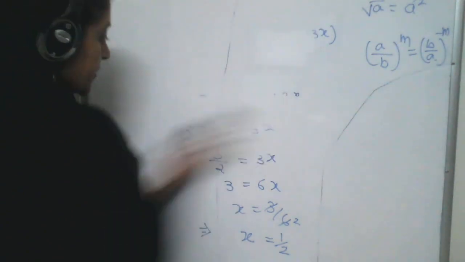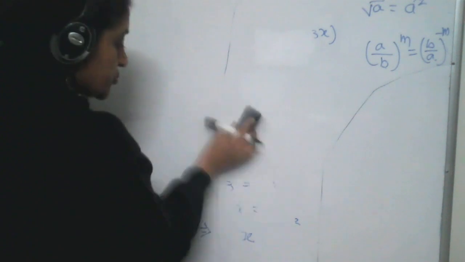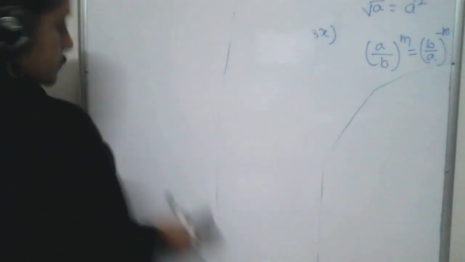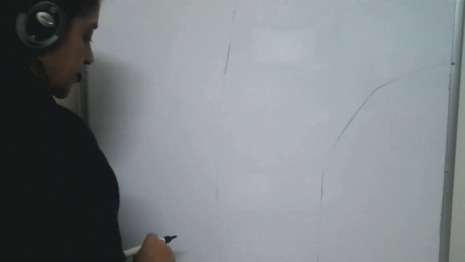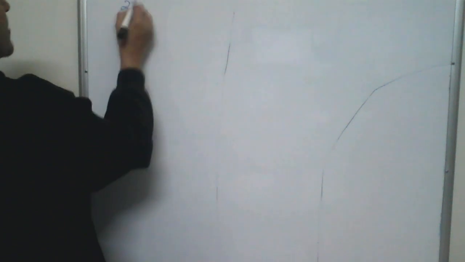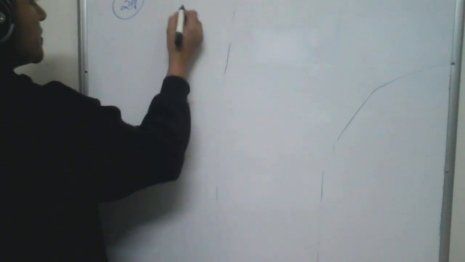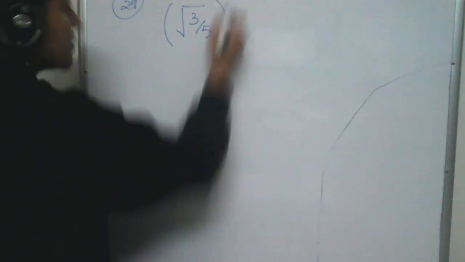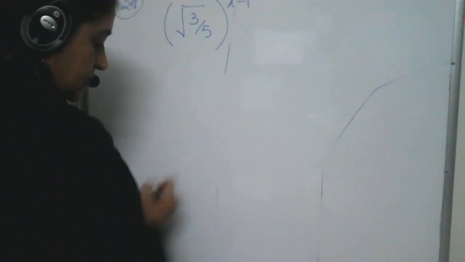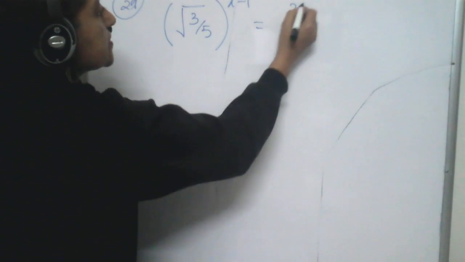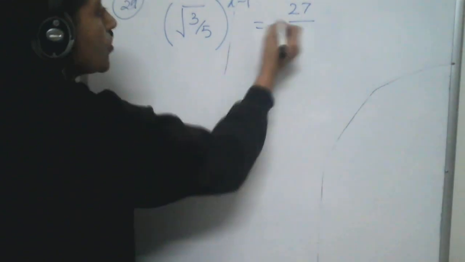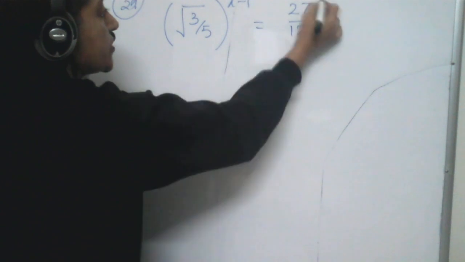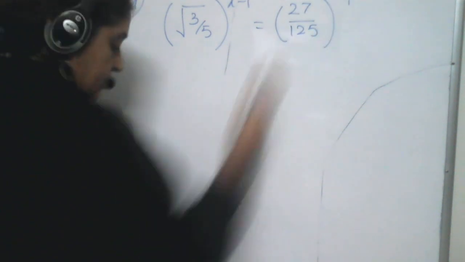After 27 I have the 29th question to do. Okay, here we go. The question is 3 by 5 under root, 3 by 5 raised to the power x minus 1 is equal to 27 upon 125 to the power minus 1.